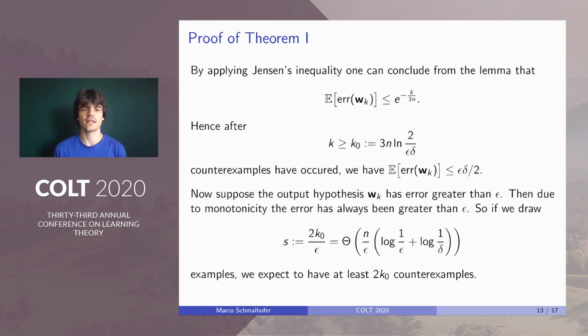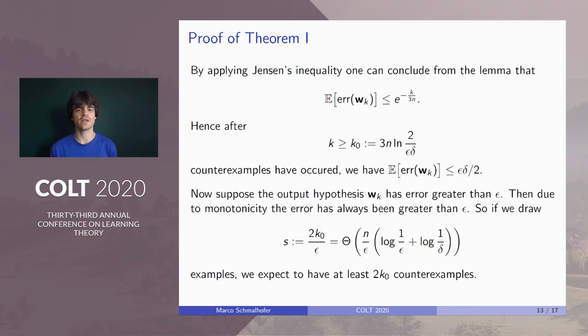So if one has this lemma, by applying Jensen's inequality, one can conclude that the expected error decreases exponentially in the number of updates with some factor of 1 over n in the exponent. So after we have seen 3n ln 2 over epsilon times delta many examples, we expect to have an error of our hypothesis which is at most epsilon times delta over 2.